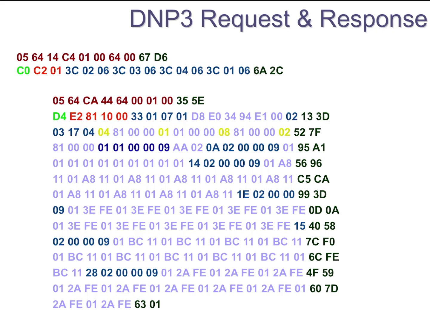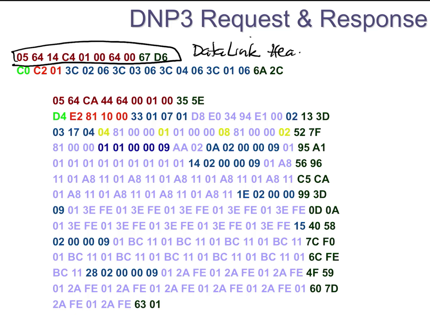Notice how it's no coincidence that this first part of the message is 10 bytes long. If you look at the first line, you can see this is 10 bytes long. Well, really, that is your 10-byte data link header here.